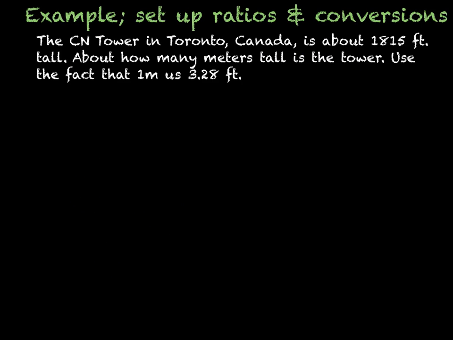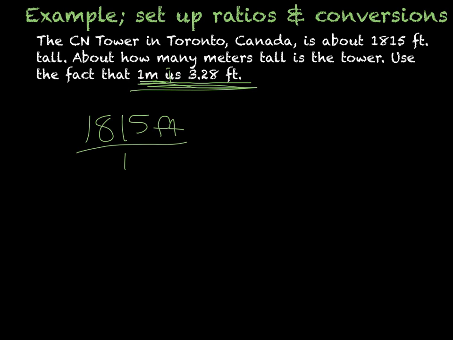Example, here we're going to set up ratios and conversions. The CN Tower in Toronto, Canada is about 1,815 feet tall. About how many meters tall is the tower? Use the fact that 1 meter is 3.28 feet. So I have a 1,815 foot tower, and I want to change that into meters, and my conversion is 1 meter is 3.28 feet. So I'm going to put the feet on the bottom so they can cancel out when I multiply.